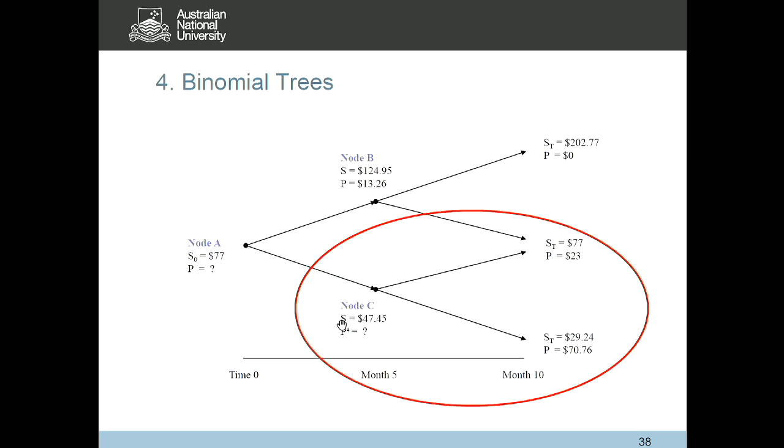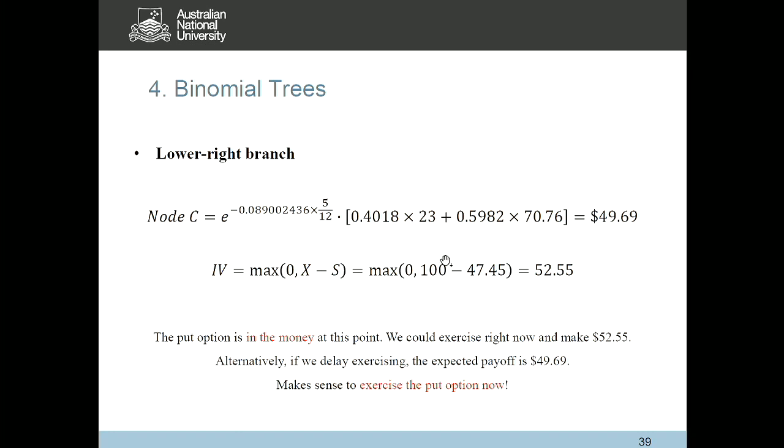But before writing it down on node C, we need to check the intrinsic value of the put option in node C. In node C, we have a share price of 47.45, which is lower than our strike price, right? And we work out that the intrinsic value of the put option in node C is 52.55.